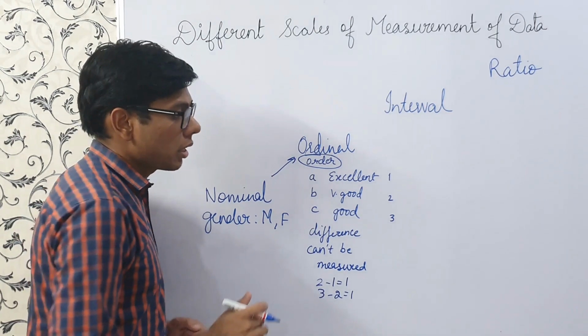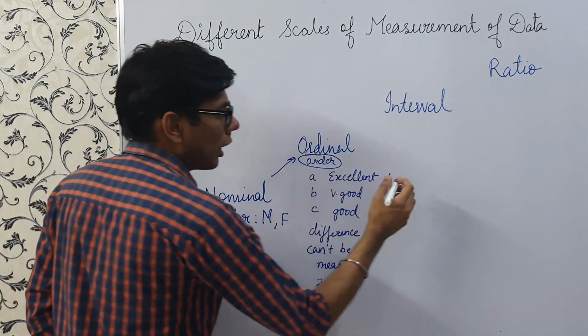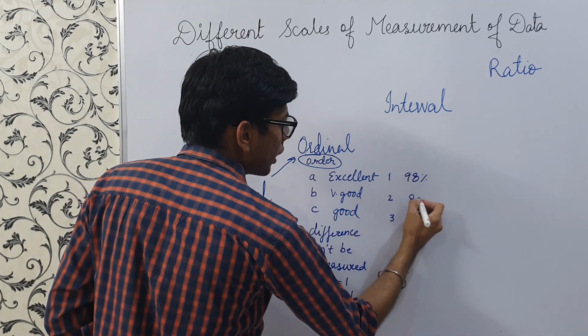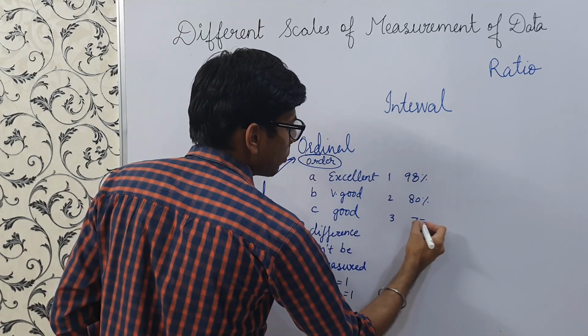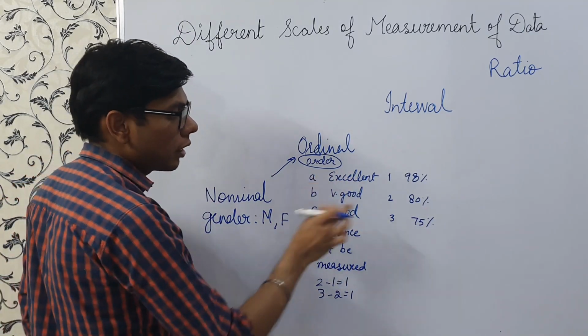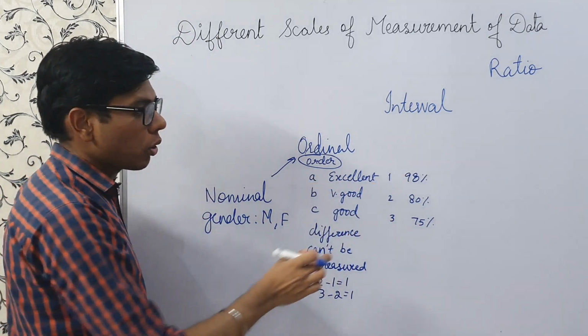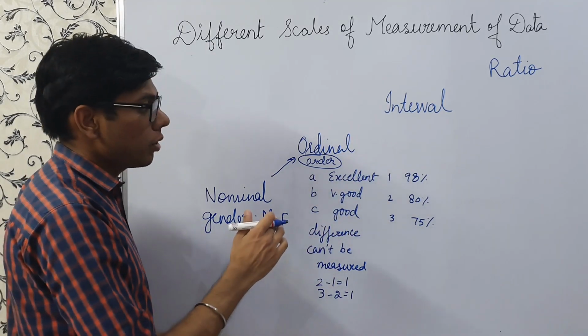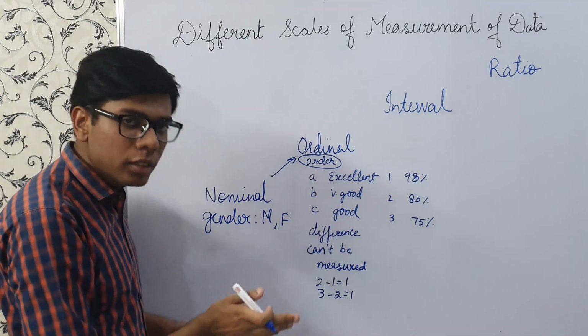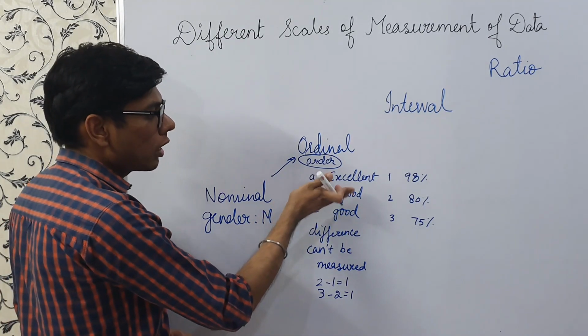But this is not the case. Consider student A got 98%, student B got 80%, and C got 75%. Going from very good to excellent is quite difficult because there is a gap of 18%. But going from good to very good is easier as compared to going from very good to excellent.